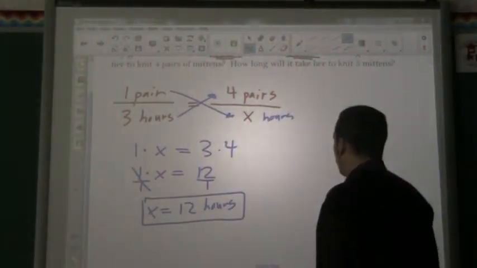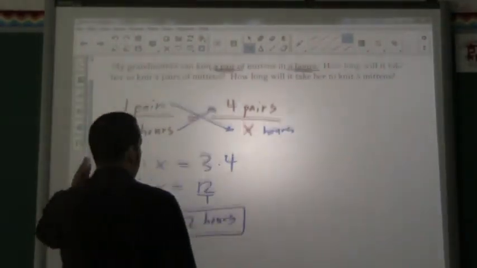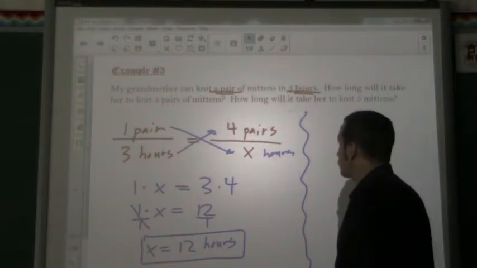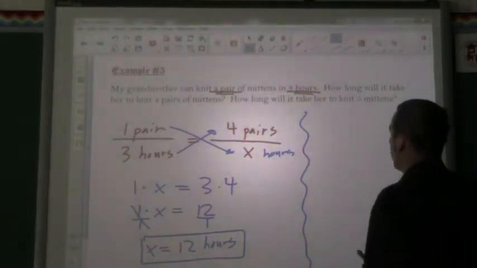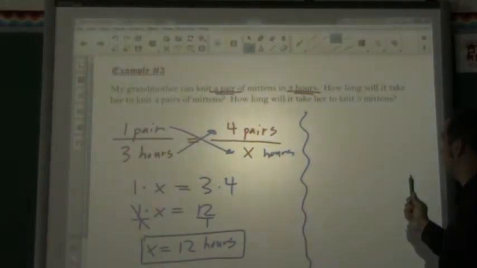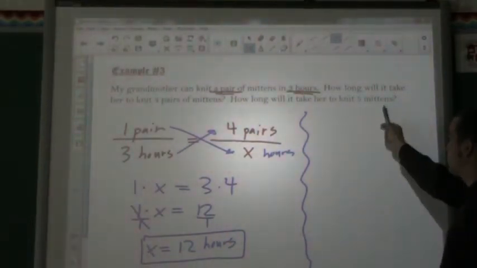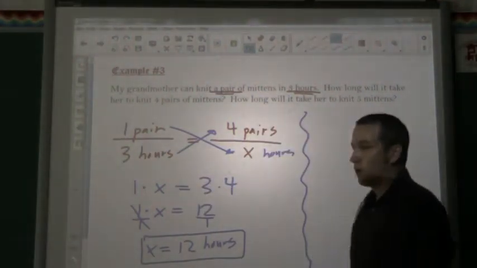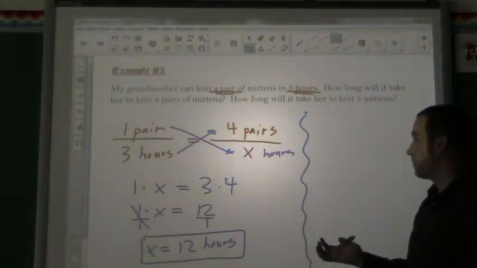Okay. Now, for the second part of this question, we will just do it over here. It says, how long will it take to knit 5 mittens, not 5 pairs, notice. Okay. So now I want to know about individual mittens. Well, she has 1 pair in 3 hours. That was my initial known ratio. Okay.